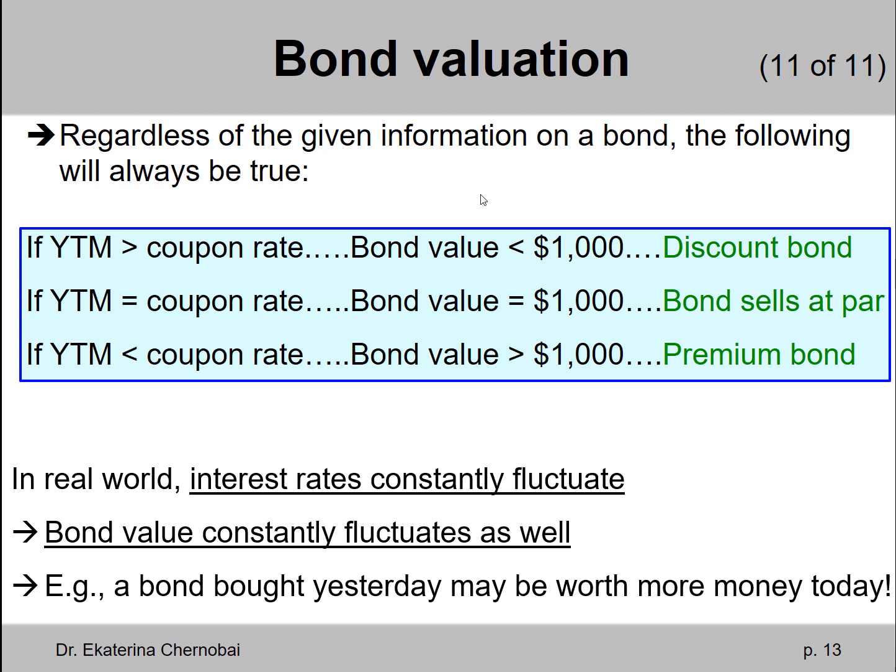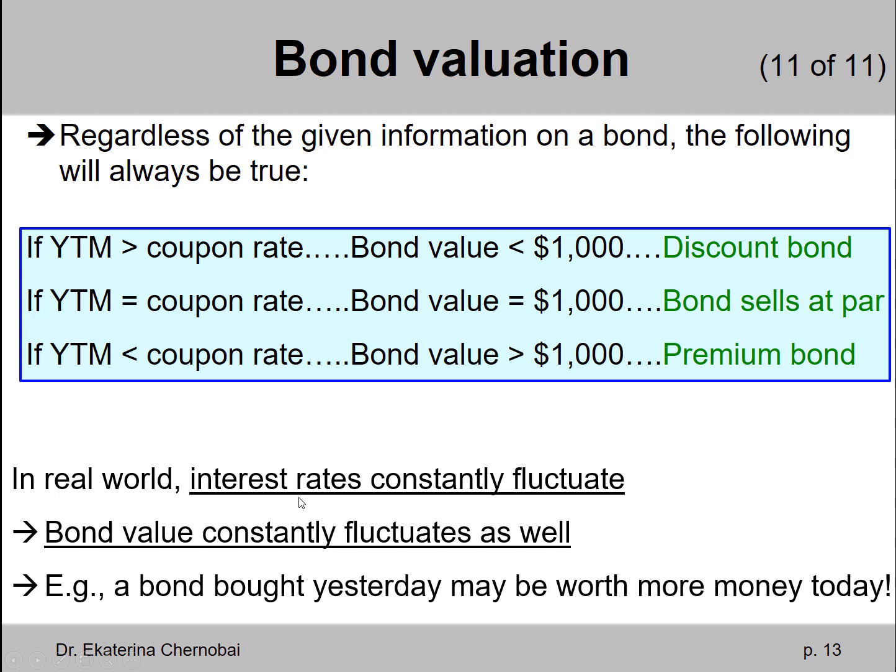So why did we even do this? Let's take a step back. What we just did was calculating the bond price or bond value for different discount rates. Why did we actually have to do all that? That's because in the real world, interest rates are always fluctuating.